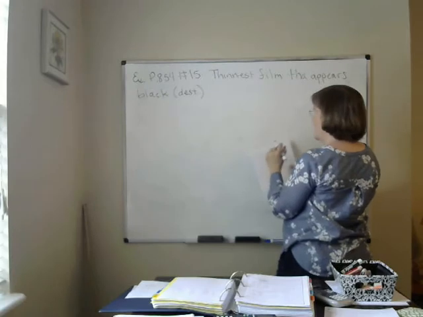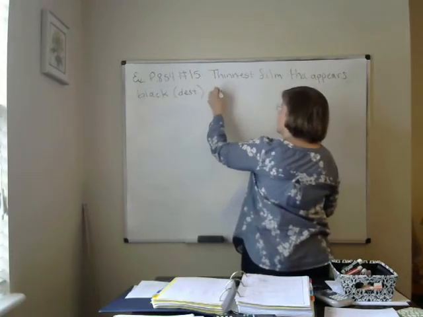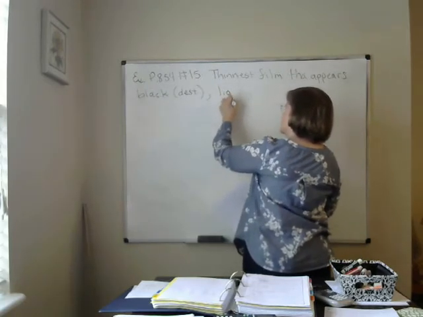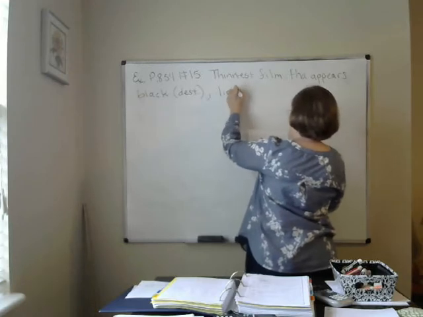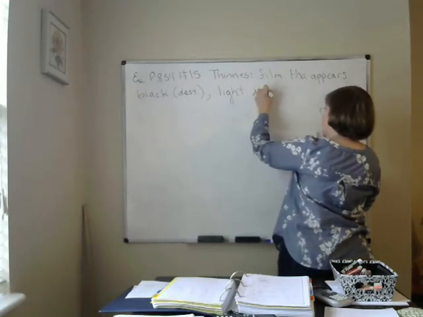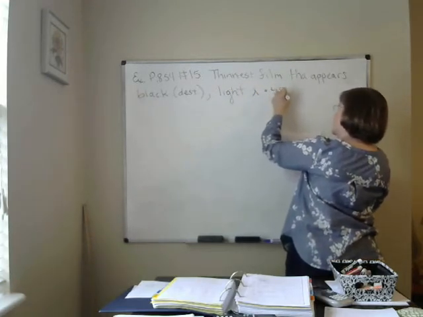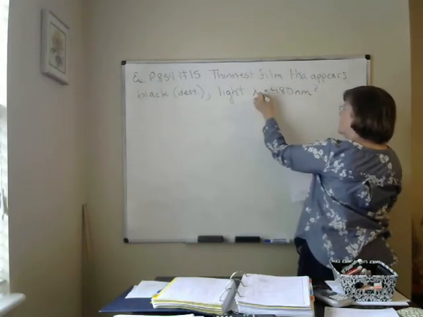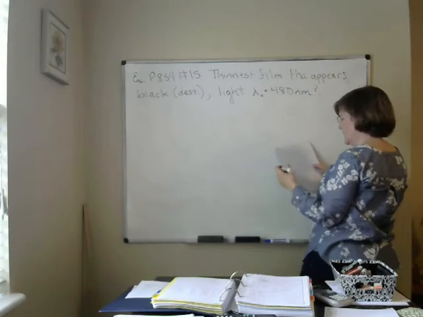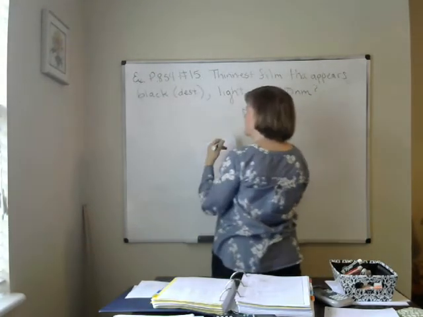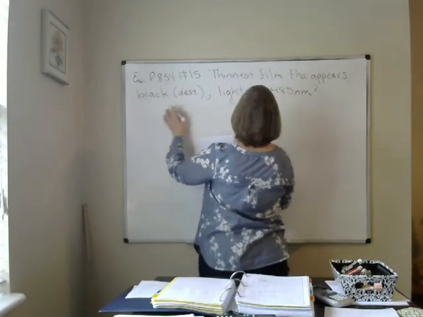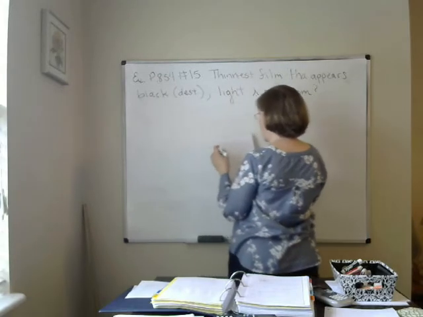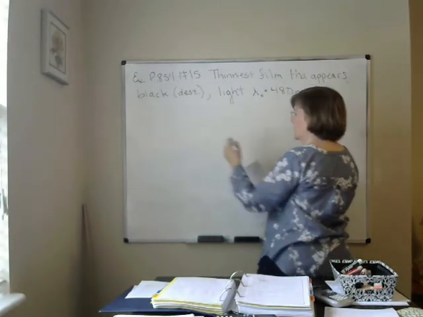When viewed by reflective light, I'm going to leave out some of the words, that has wavelength equal to 480 nanometers. And they're talking about the wavelength in air or the wavelength in a vacuum. They tell us that this is a soap bubble, and the soap has an index of refraction of 1.33.